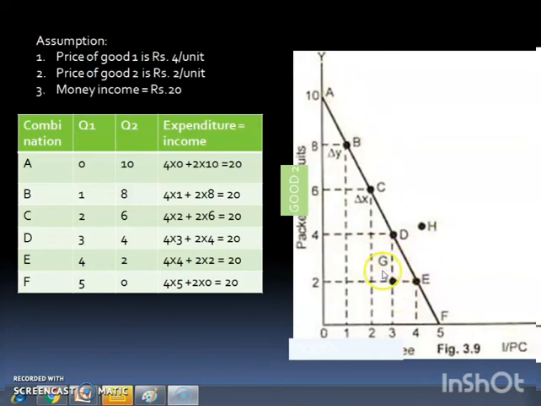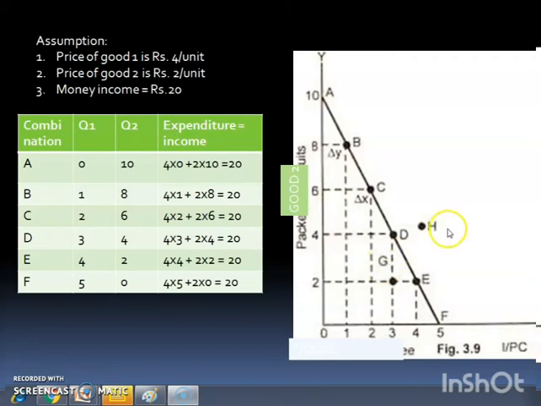It is also an attainable point because the expenditure is less than the money income of the consumer. So all the points on the budget line and all the points inside the budget line are attainable combinations.